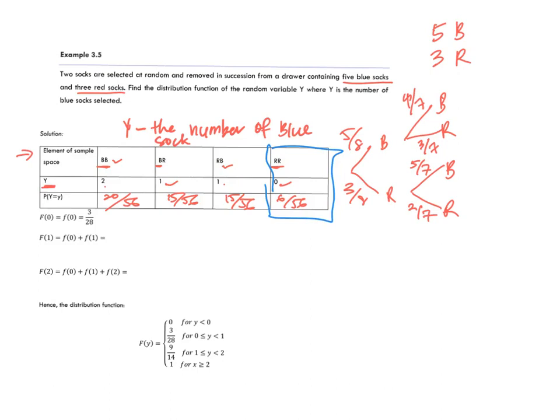Then for the cumulative distribution function when y equals 1, you need to total up the probability distribution when y equals 1 and when y equals 0. When y equals 0, the value is 6 over 56, plus the probability when y equals 1, which is 15 over 56 plus 15 over 56.